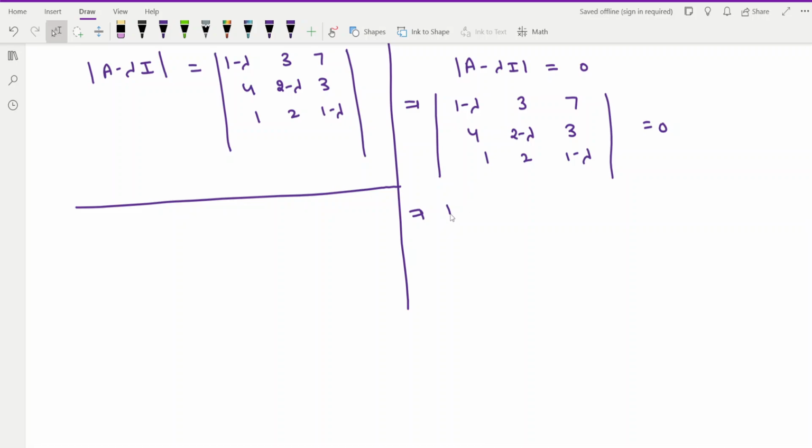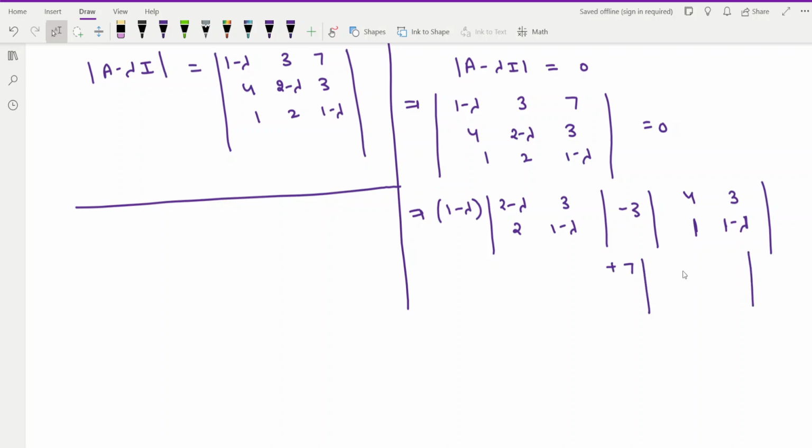How can I solve it? I can just expand it like (1 minus lambda) times [(2 minus lambda)(1 minus lambda) minus 6], minus 3 times [4(1 minus lambda) minus 3], and plus 7 times [8 minus (2 minus lambda)], and it equals 0.